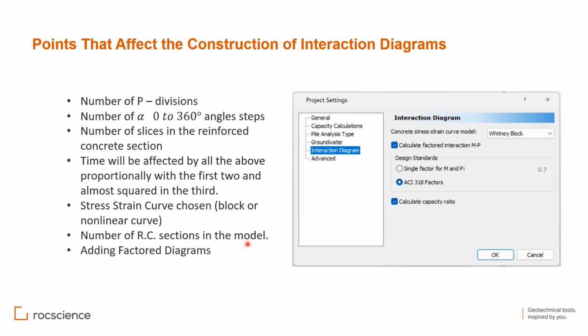The program analyzes them all and constructs their 3D interaction surface before starting anything else, so it will take some time. We're working on this. Maybe we will have a choice for the user in the next releases.